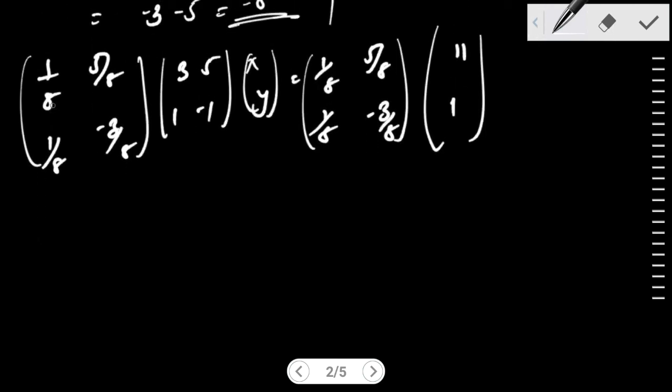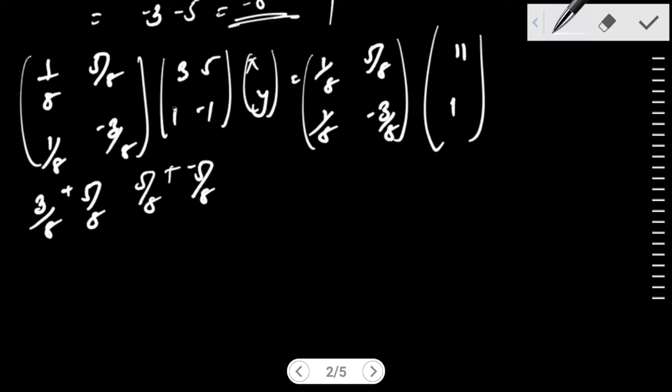So 1 out of 8 times 3 would be 3 out of 8. Then 5 out of 8 times 1 would be plus 5 out of 8. 1 out of 8 times 5 would be 5 out of 8, plus 5 out of 8 times negative 1, which would be negative 5 out of 8.